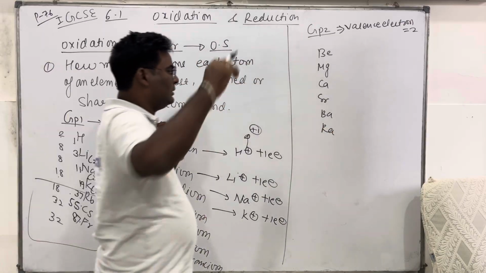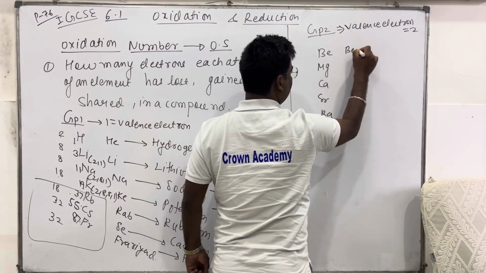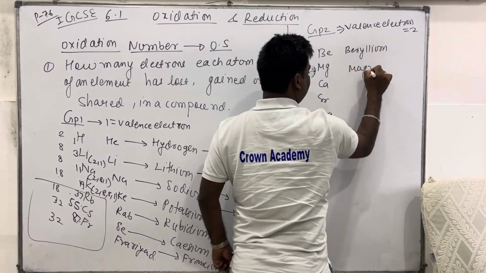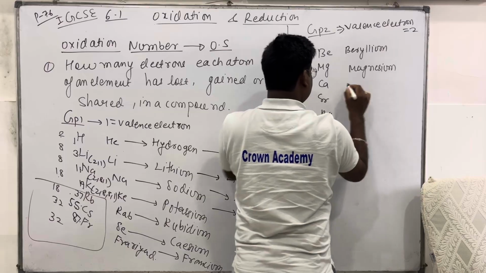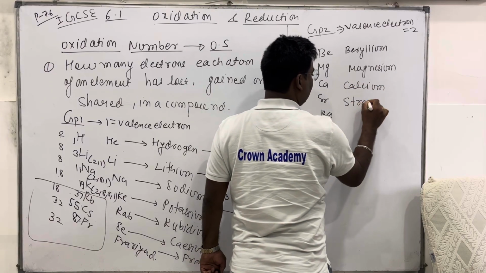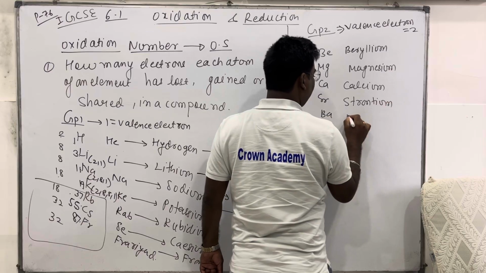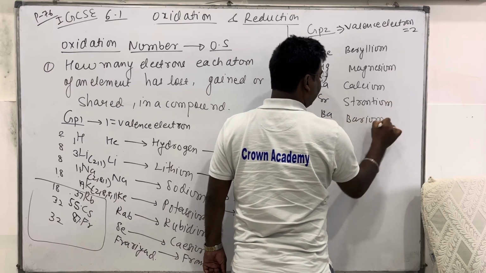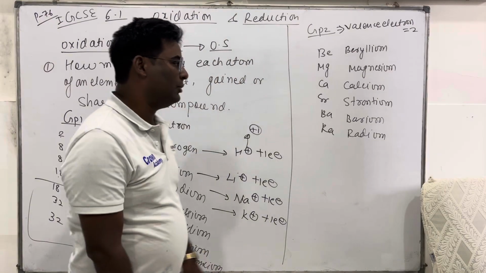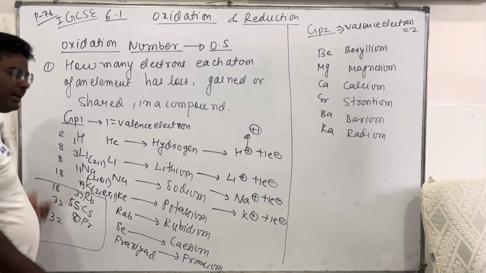Understood? Be for beryllium, Mg for magnesium, Ca for calcium, Sr for strontium, Ba for barium, Ra for radium. Understood? We'll get the next atomic number by the same trick.